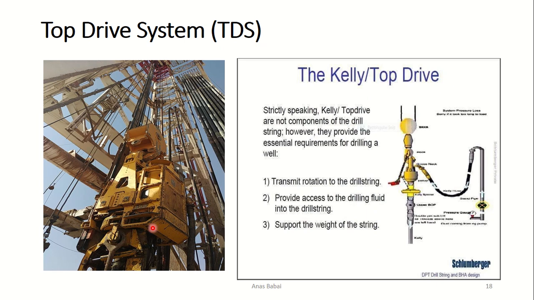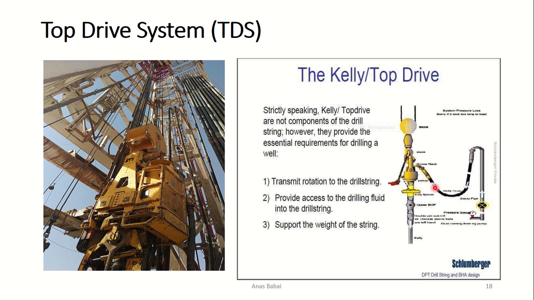This is the top drive, how it looks, and those are the parts. The top drive transmits rotation to the drill string, and provides access for the drilling fluid into the drill string through this pipe.